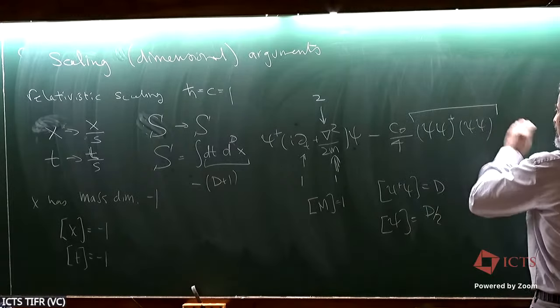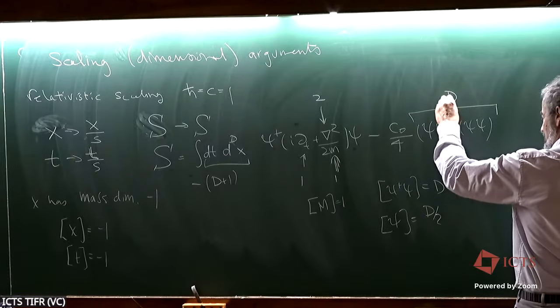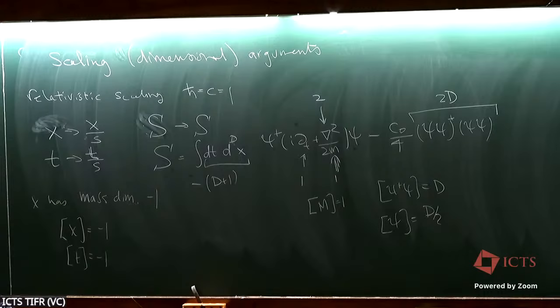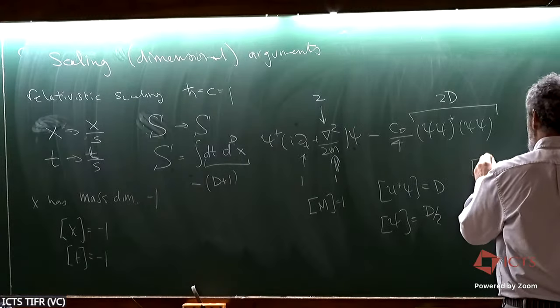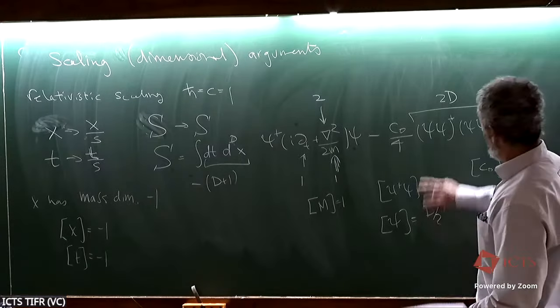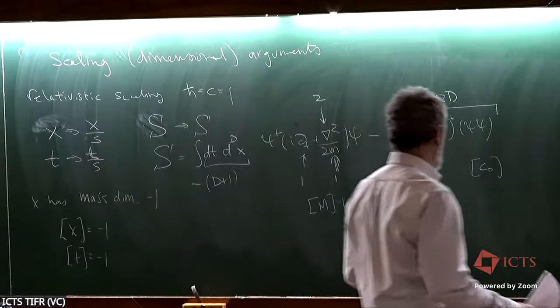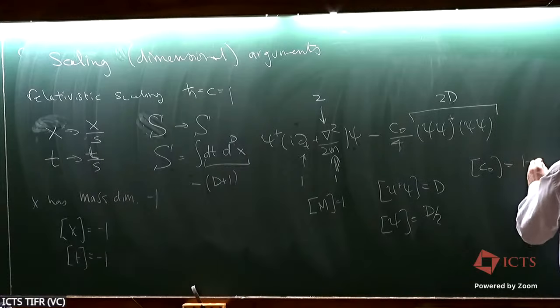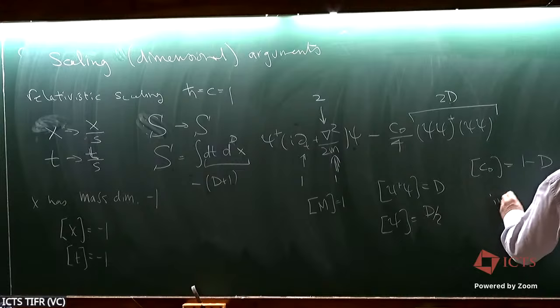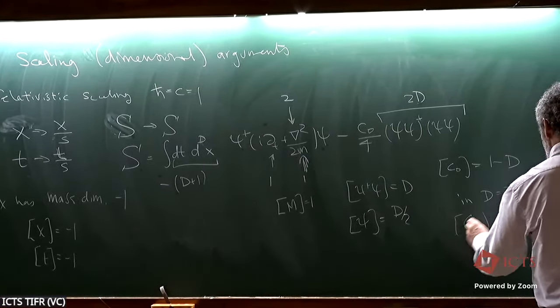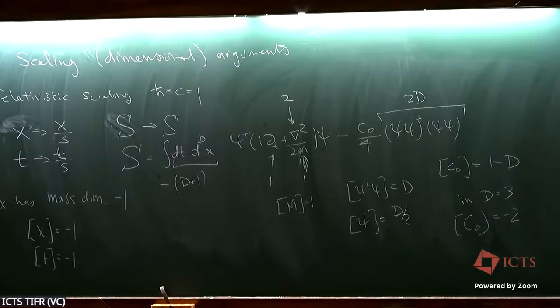And then this has dimension 2D. And therefore, c naught, this is 2D minus D minus 1. c naught must have dimension 1 minus D. So for example, in D equals 3, we get [c naught] = -2. And that is the mass dimension of G Fermi, for example.